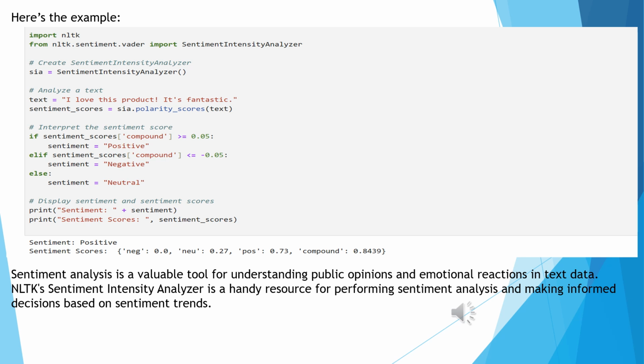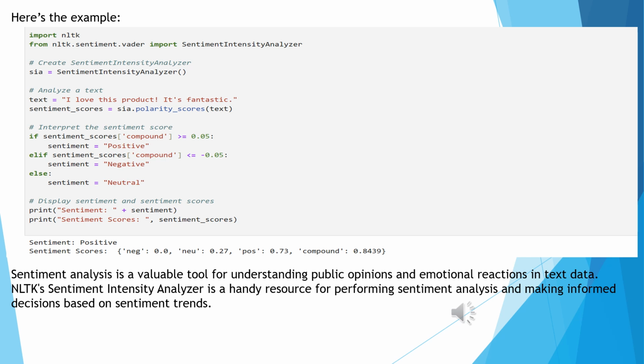When we give this input to the SentimentIntensityAnalyzer, it processes the input and provides a dictionary of scores that includes positive, neutral, and negative properties as well as a compound score. In detail, I can discuss what each score represents.